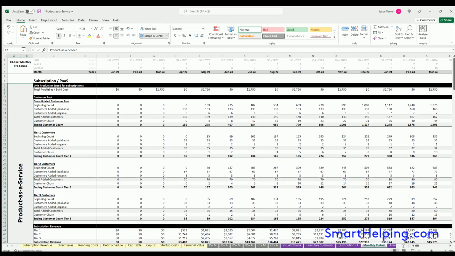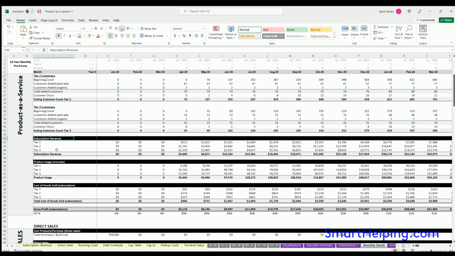This is the total purchase of units that you're going to sell subscription to, the cost of that, your total customer counts over time, the percentage of those customers that are tier 1, 2, and 3, your subscription revenue, product usage, cost of goods sold for the subscription, and then gross profit on the subscription side of things.